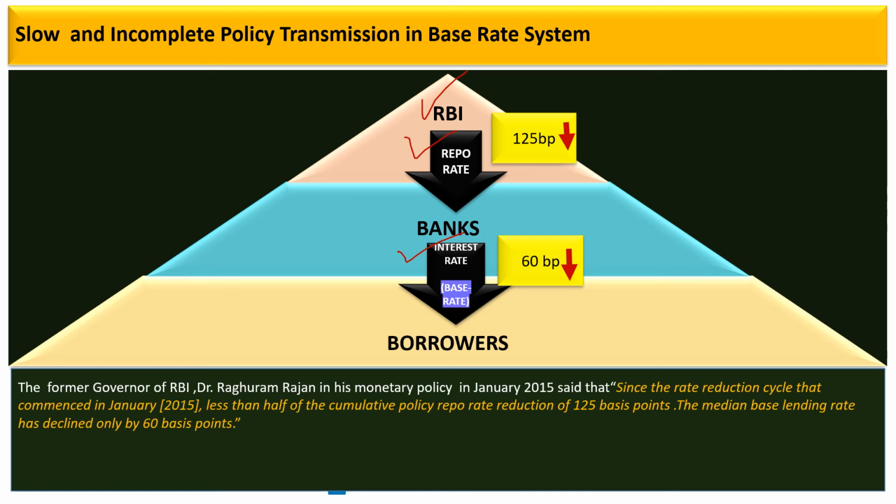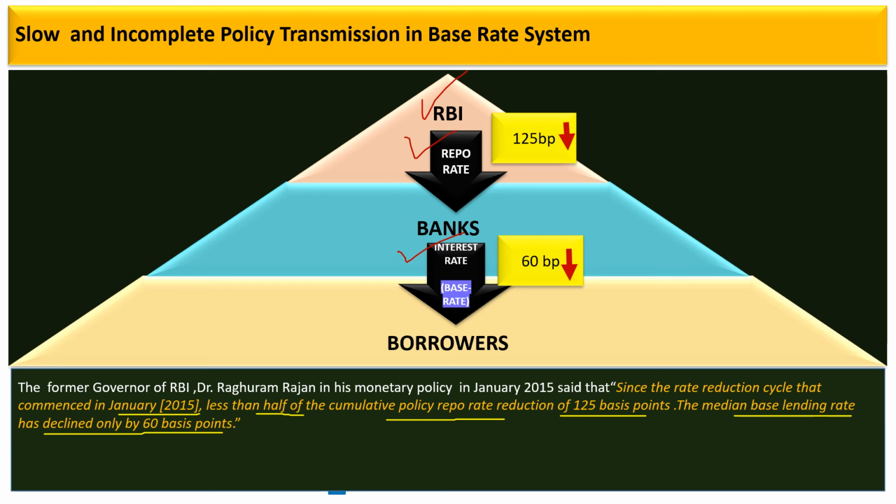The former governor of RBI, Dr. Raghuram Rajan, in his monetary policy in January 2015 said that since the rate reduction cycle that commenced in January 2015, less than half of the cumulative policy repo rate reduction of 125 basis points, the median base lending rate has declined only by 60 basis points.